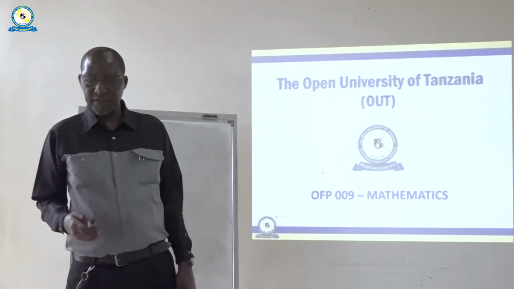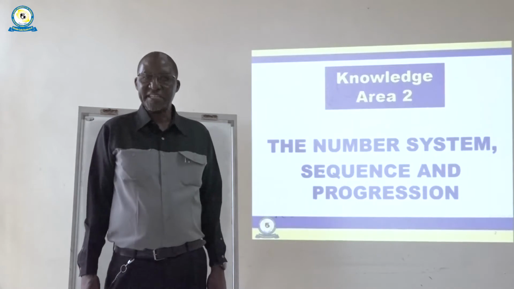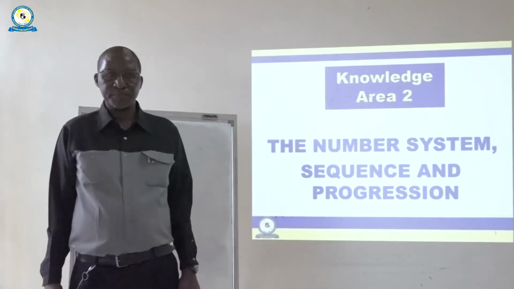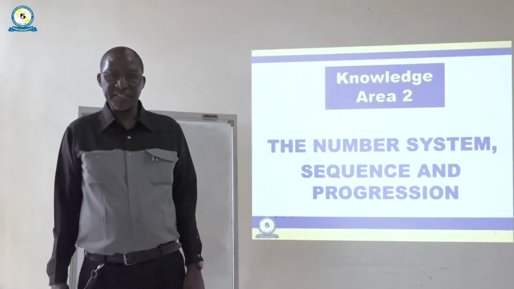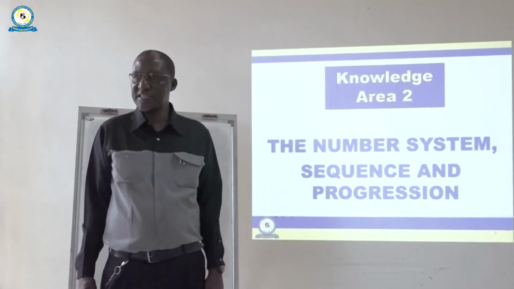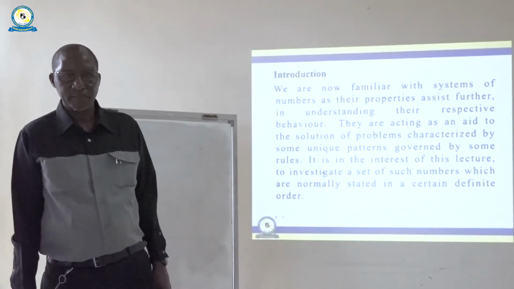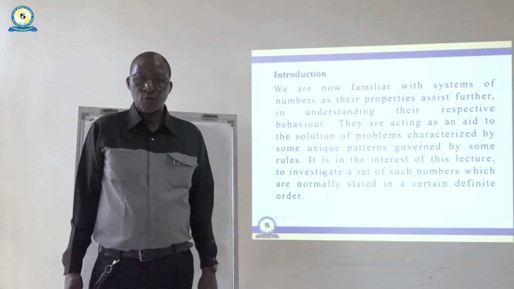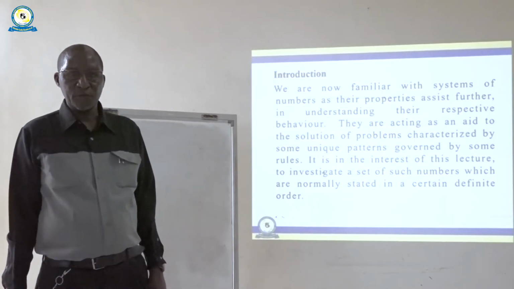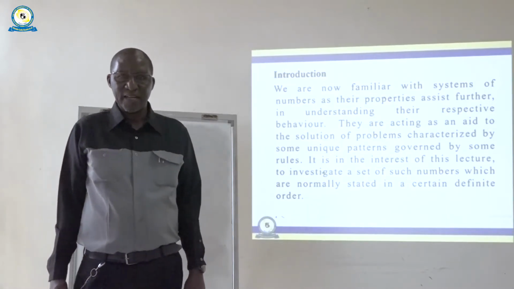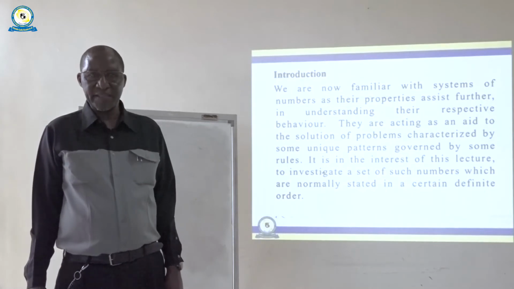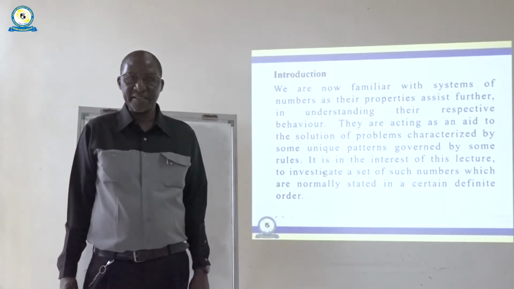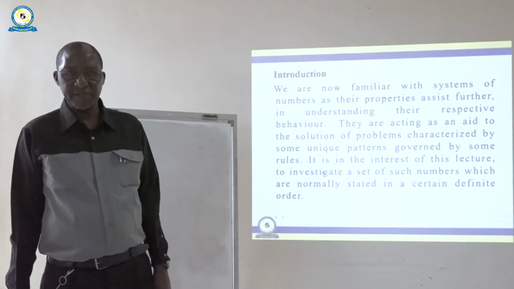Today we are going to have knowledge area number 2 of mathematics: the number system, sequence, and progression. Introduction. We are now familiar with the system of numbers, as their properties assist further in understanding their respective behavior.